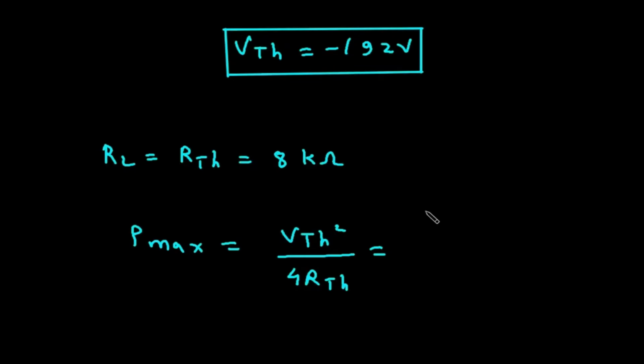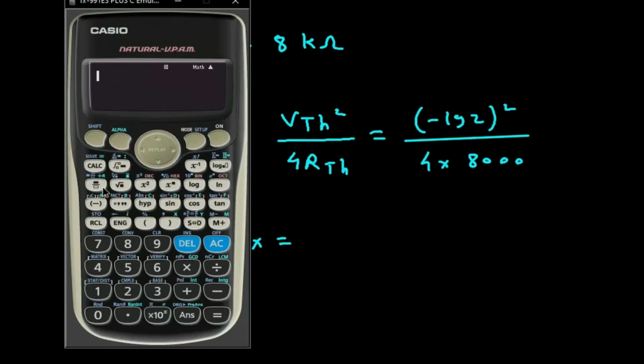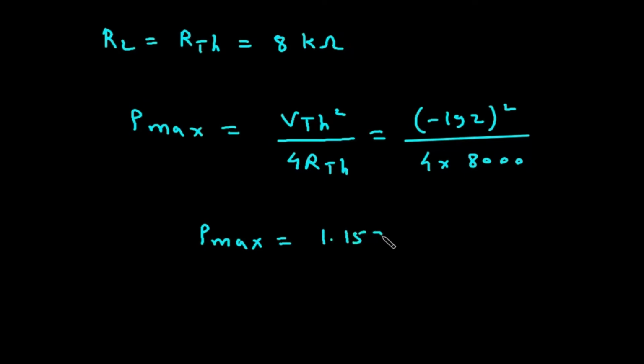So VTH square is minus 192 square divided by 4 into 8000. So P max is 1.152. 1.152 watt is the value of P max.